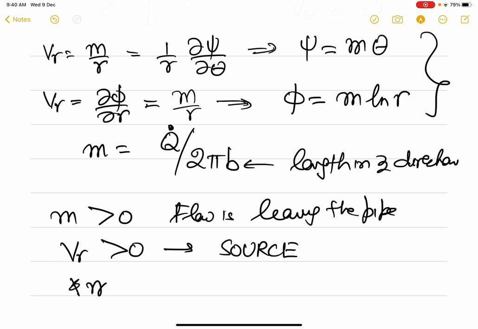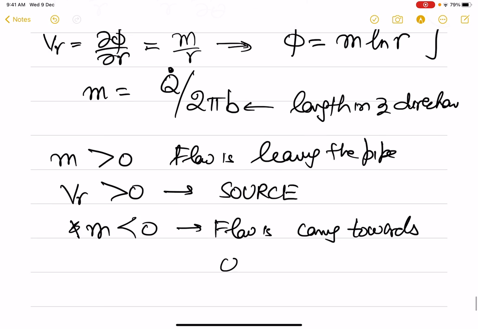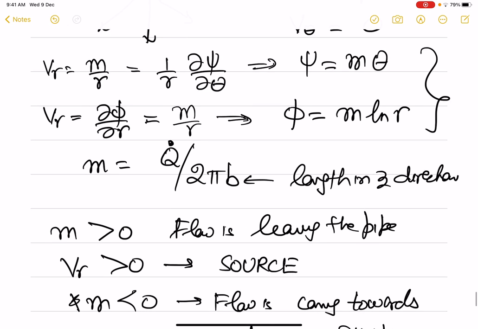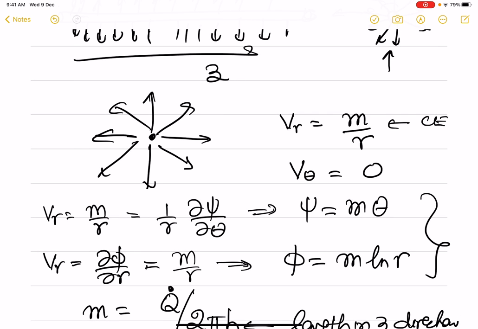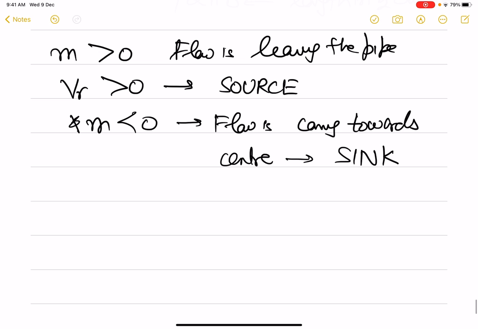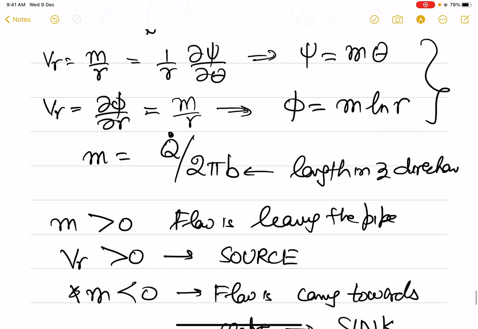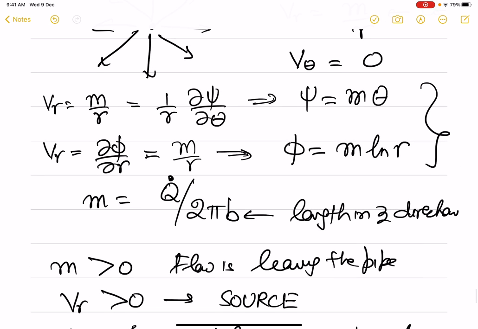And if m is less than 0, then the flow is coming toward the center, and this is what we call a sink. So this is the second type of basic flow which we have, where we have a radial flow. Now the third basic flow which will come, and which you can sort of expect from here, is if we interchange psi and phi here.